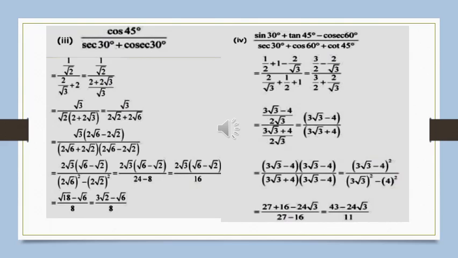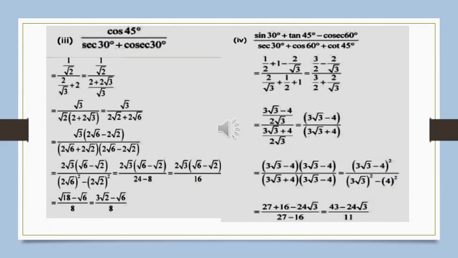First you solve 2 upon root 3 plus 2, and then you have to change the division sign into multiplication. While changing the division sign into multiplication you have to take the reciprocal of the second number. So root 3 goes to the numerator and 2 plus 2 root 3 goes to the denominator. In this way you will get root 3 upon root 2 into 2 plus 2 root 3, which when you solve gives the value as given here.